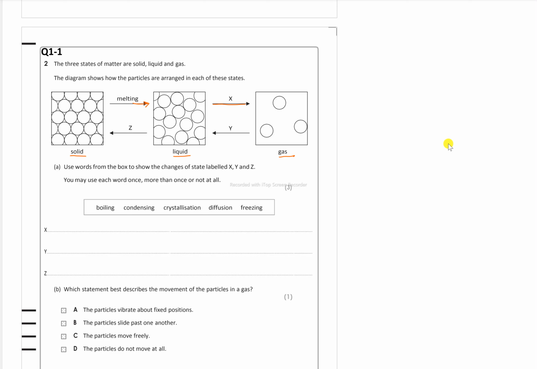From liquid to gas is called boiling. And then if you go backwards from gas into liquid form, it's called condensing. And if you go from liquid to solid, it's called freezing.